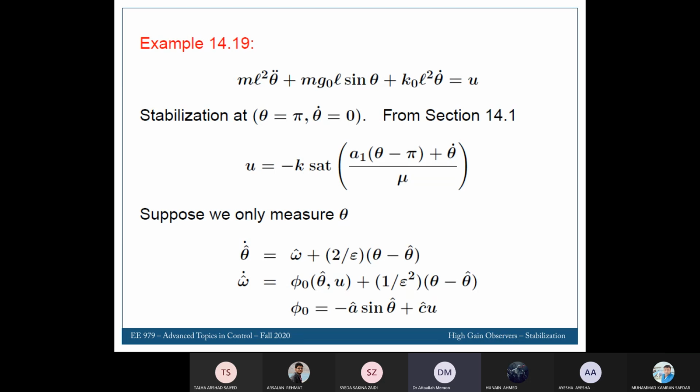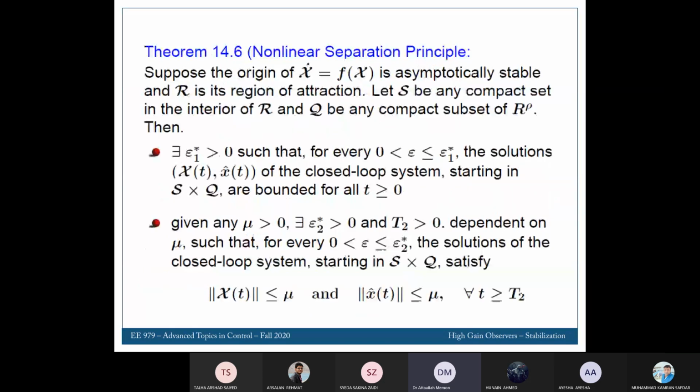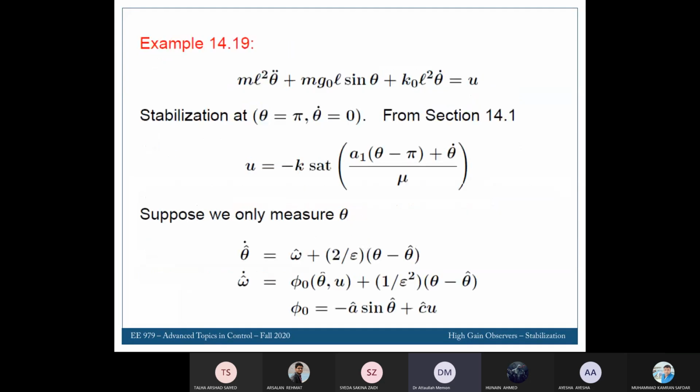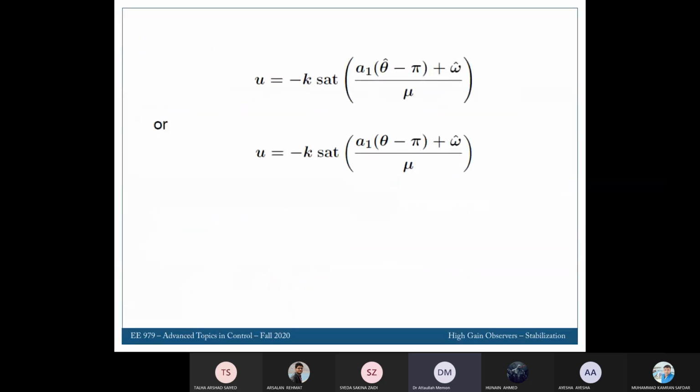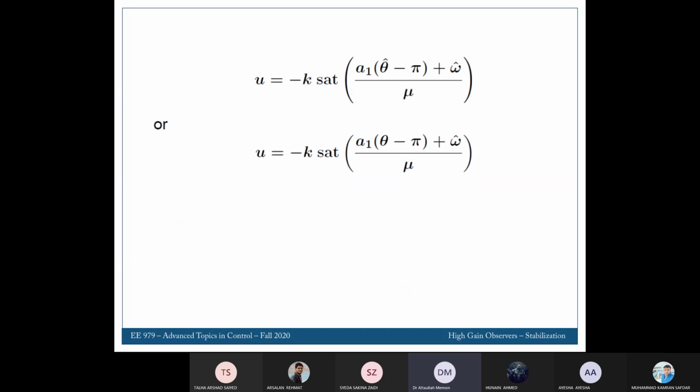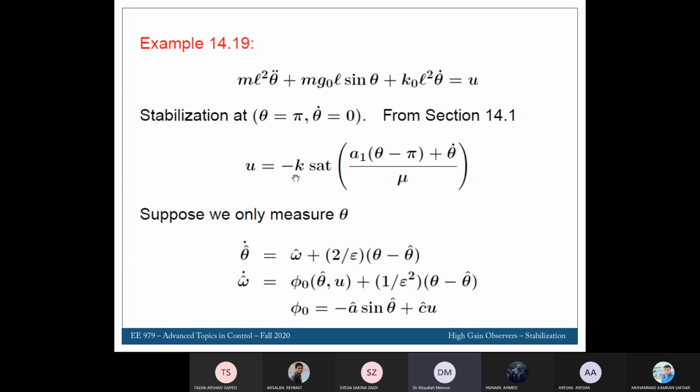And all this result is saying that an output feedback controller which involves a Huygens observer is going to make sure that the output feedback controller recovers the performance of the state feedback controller, which means the output feedback controller, which is being fed through an observer, reaches or approaches the performance of a state feedback controller.